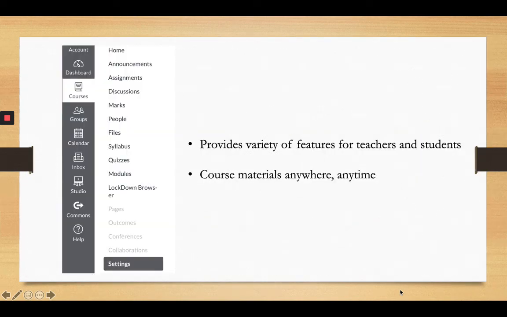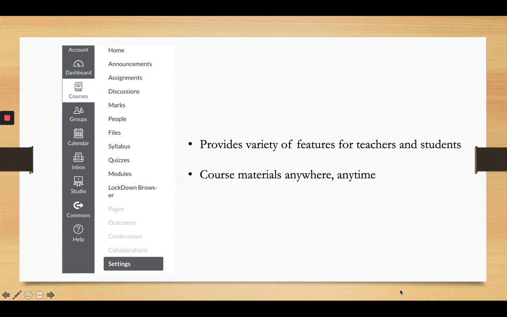This is an example of the toolbar of a particular learning management system. As you can see, learning management systems are more than just platforms for storing content. They provide a variety of features for teachers and students that can be accessed anywhere and at any time.